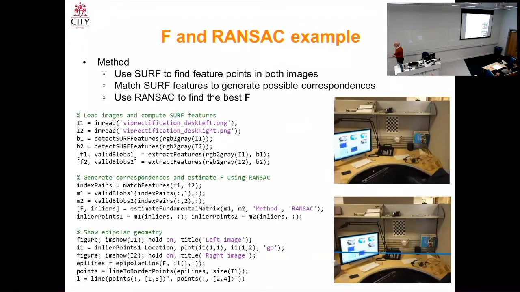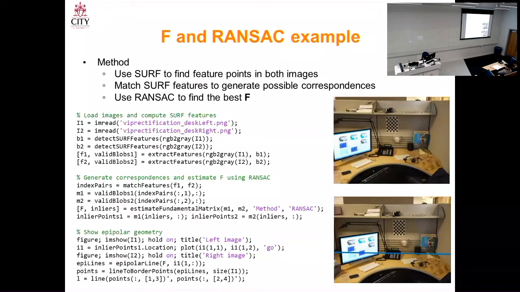Okay. So back to our problem of estimating the fundamental matrix. Now we have this tool, RANSAC, where we can deal with outliers and estimate a model. So we want to apply it to this problem. What we're going to do is first find features in both of these images. Okay? And by features I mean points.